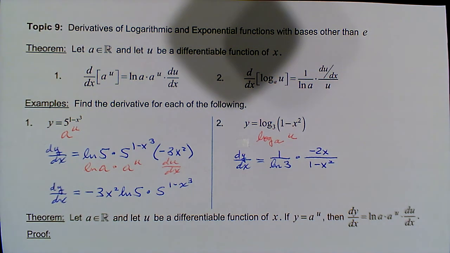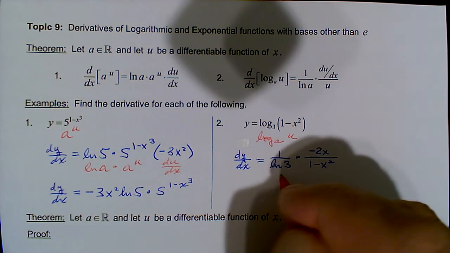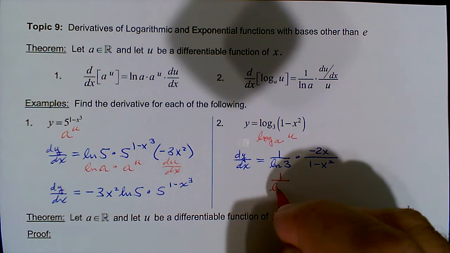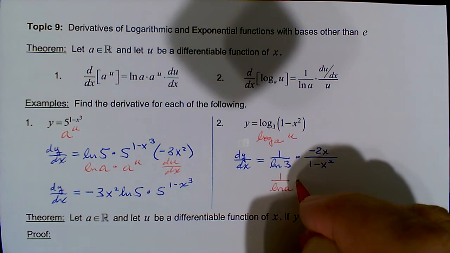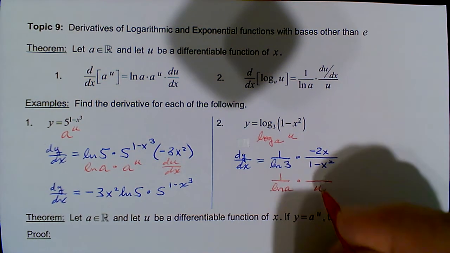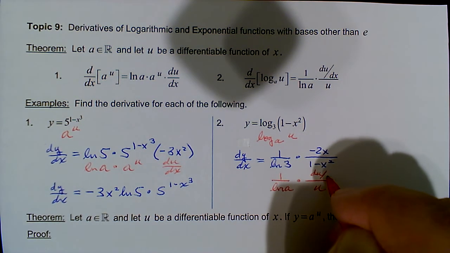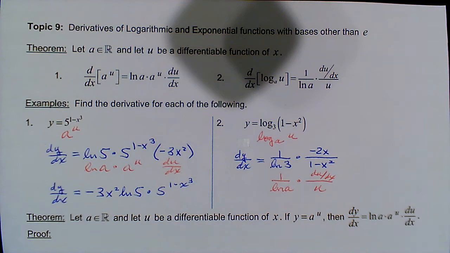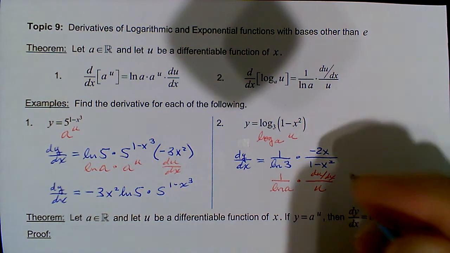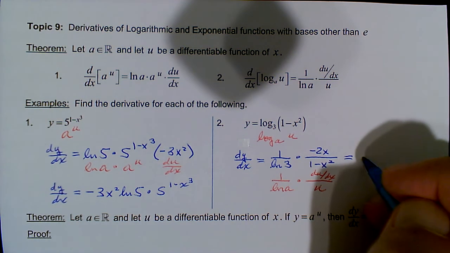So with respect to the formula, there's 1 over natural log of a, and then times u in the denominator and the du dx in the numerator. I'll just clean it up off to the right here.